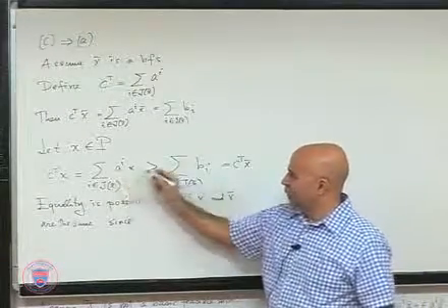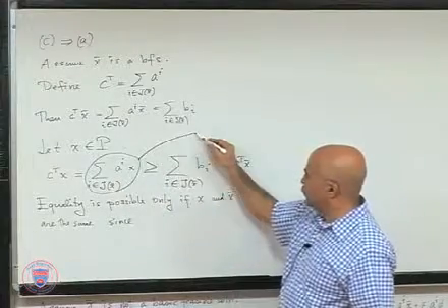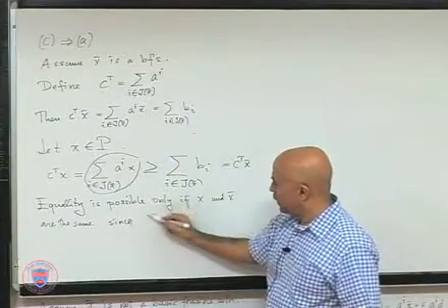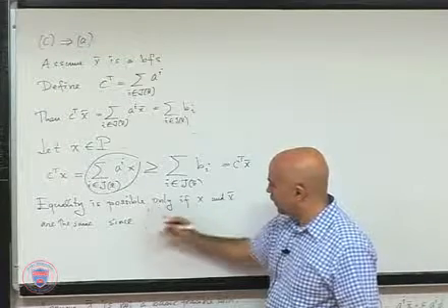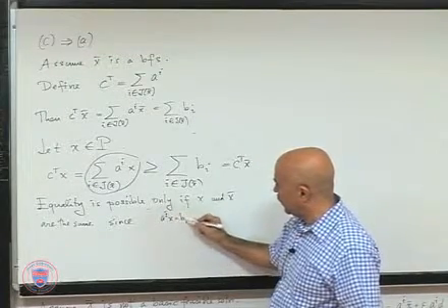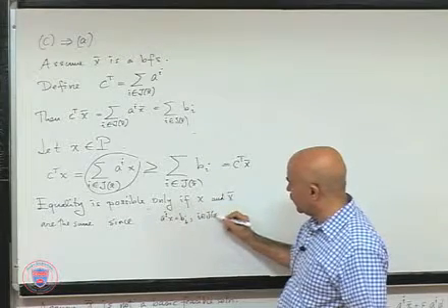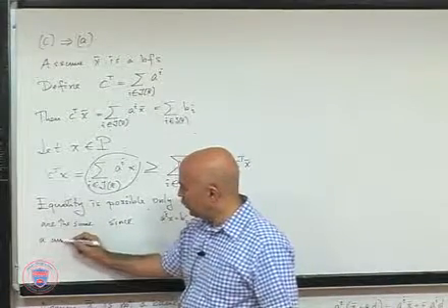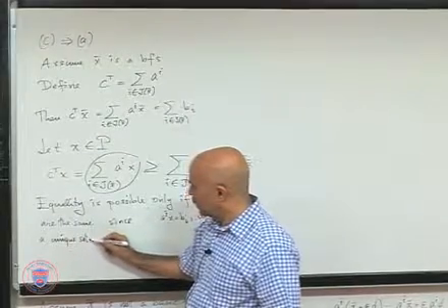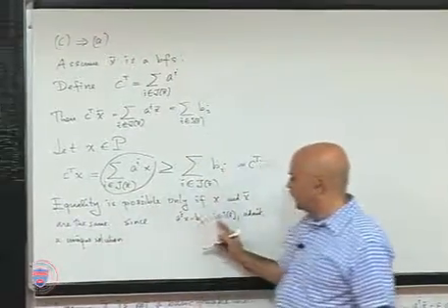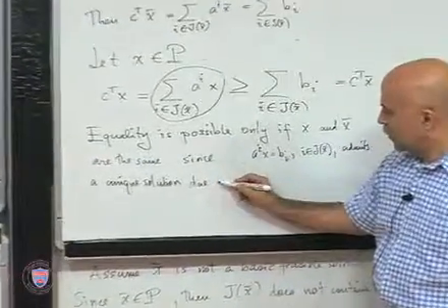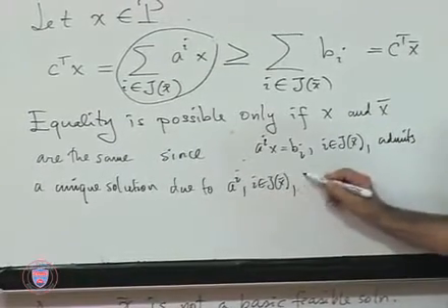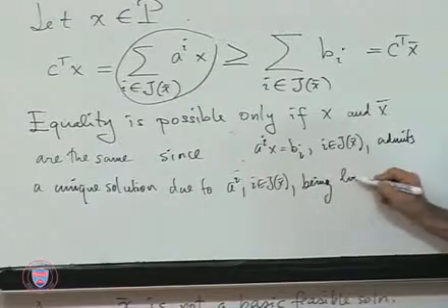The system ai x equals bi for i in J of x bar admits a unique solution, due to the fact that these ai in the active set are linearly independent.